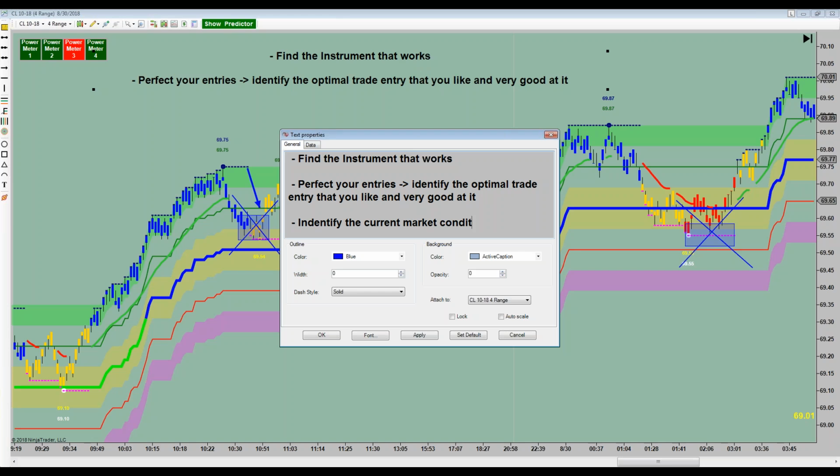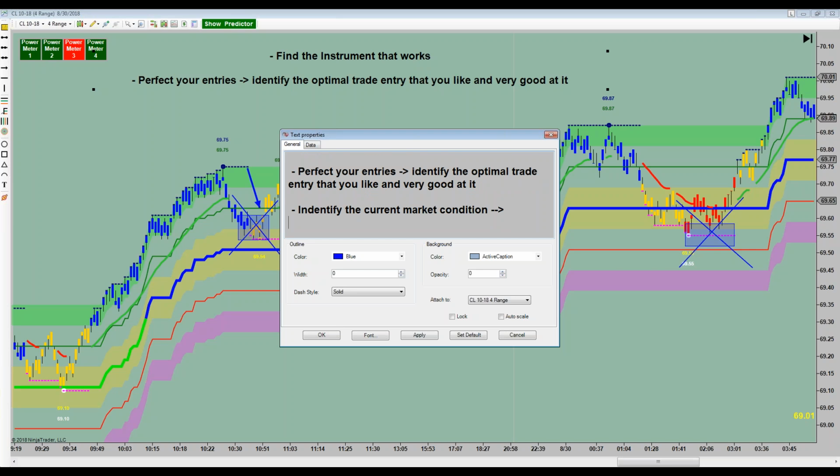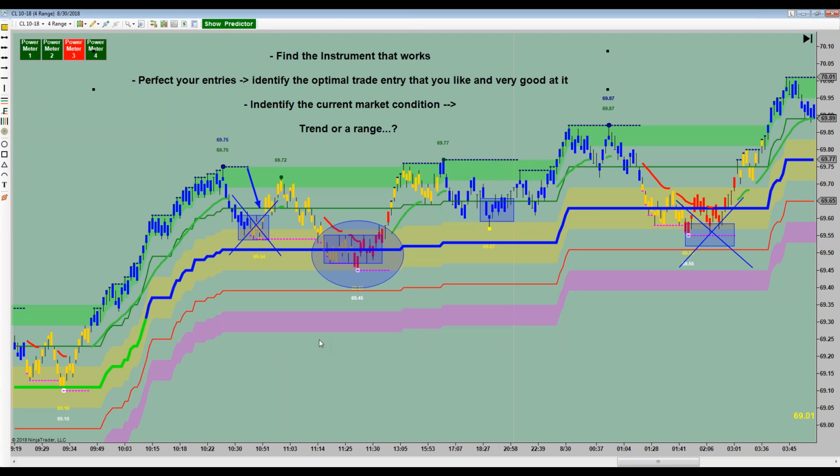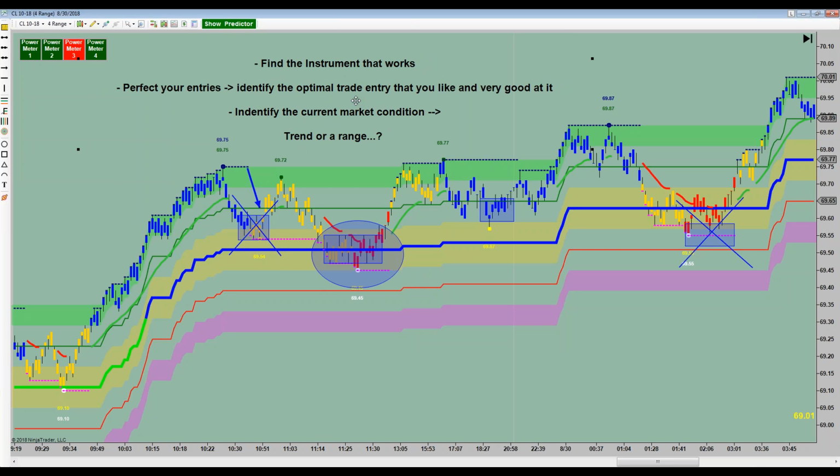What does that mean? What is a market condition? What the heck are you talking about? Are you in a trend or a range? These 3 things. If you can work these 3 things out, you've got a winning combination right there.